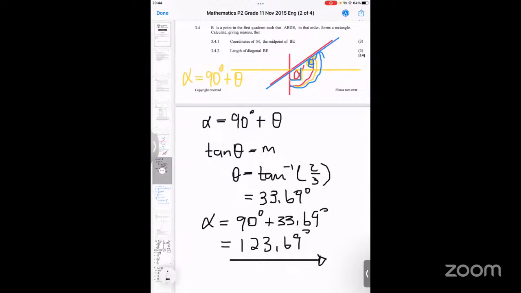So what matters the most is understanding it. When a line is like that, and the angle they want you to calculate starts from the y-axis and goes like that, just always remember that it's a combination of 90 degrees plus the angle of inclination.